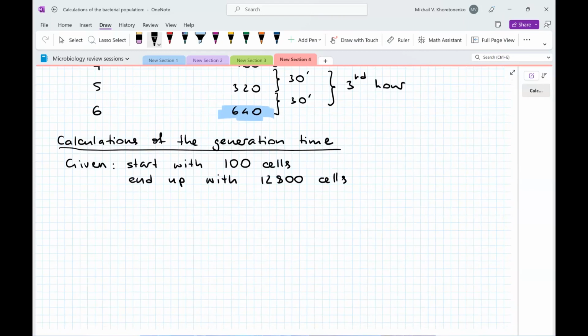And it takes 2 hours, 20 minutes to get there. Find the generation time.